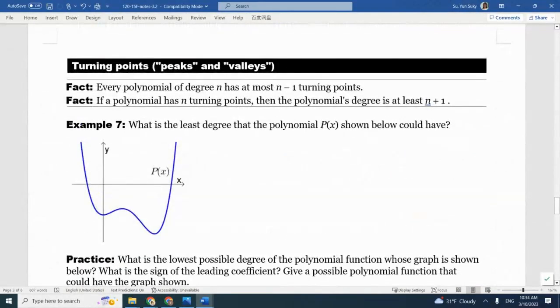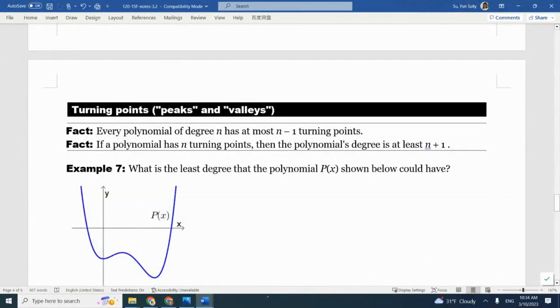Turning points. Usually I just draw x squared to help me think. What's the degree of x squared? 2. How many turning points? 1. So the number of turning points is the degree minus 1.